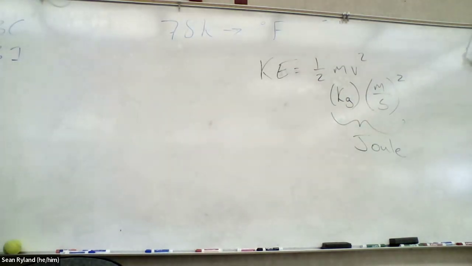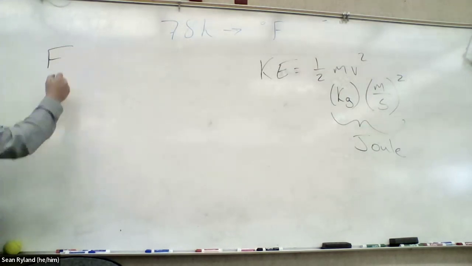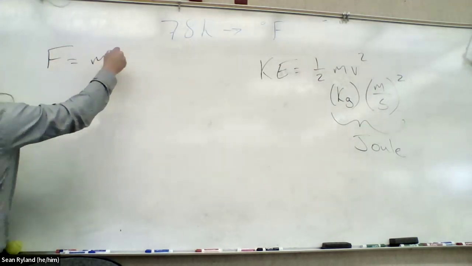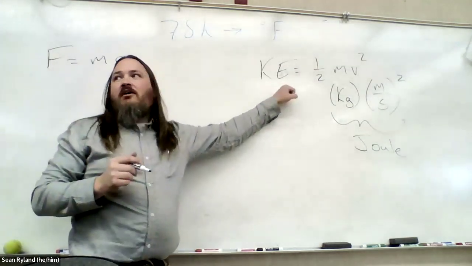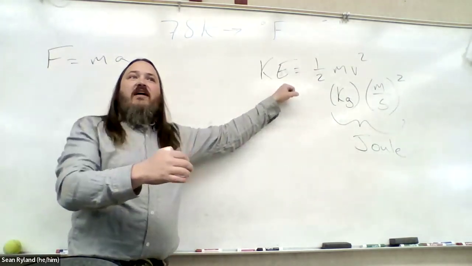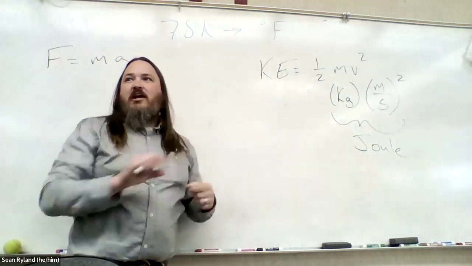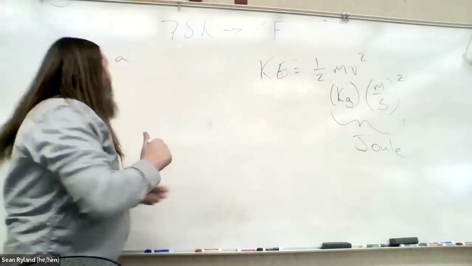And I heard somebody say newtons earlier, Brady. Yeah. And that's a force unit. The definition of a force in physics is a mass times the acceleration. So when you have kinetic energy, you exert force, and that's the mass, and then how much you changed its speed.